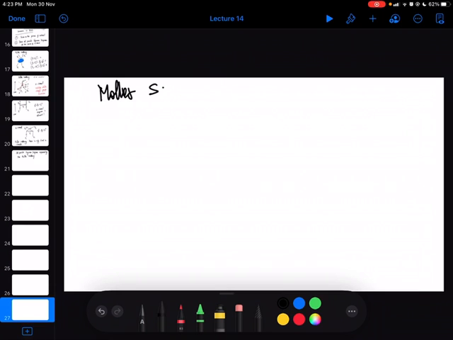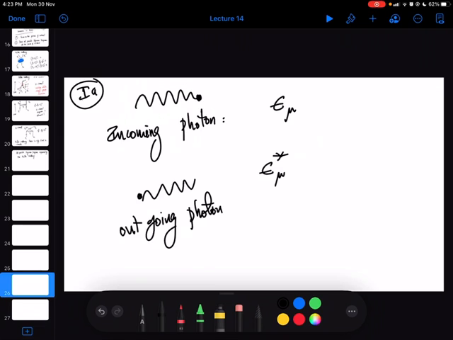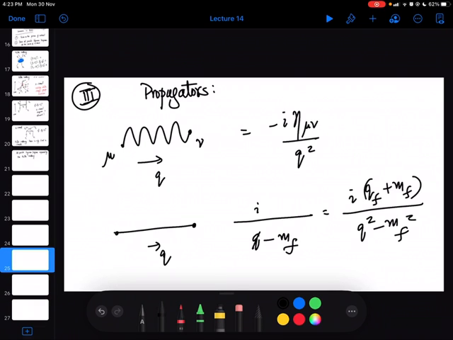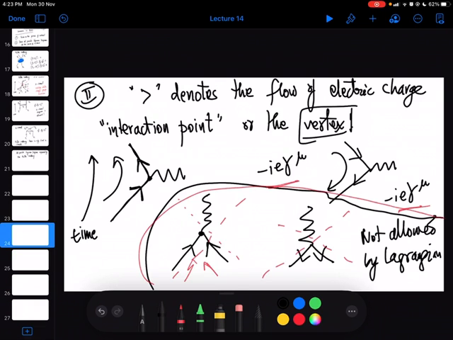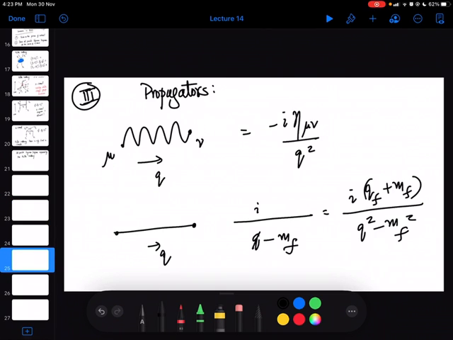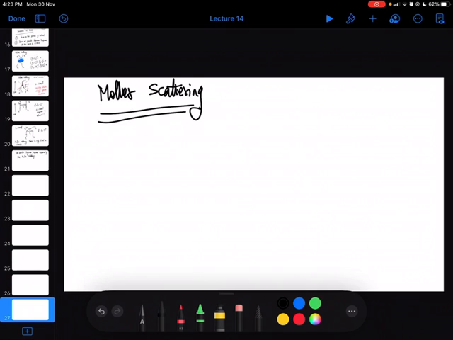So let's go back to our Moller scattering. Now we know all the rules, so let's try to apply them. The summary of the rules is that you have incoming and outgoing particles, vertex coefficients, and propagators, and that's it.